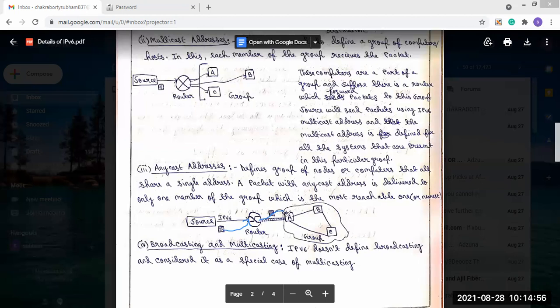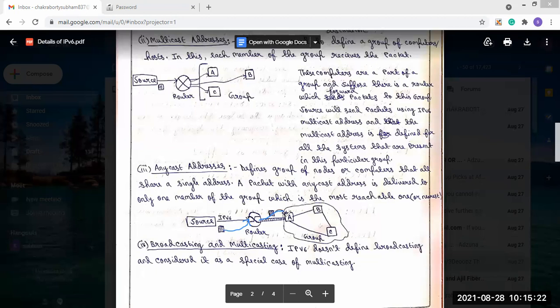If it finds the nearest system, then the packet will be transmitted to the nearest one. This is the concept of the Anycast address.